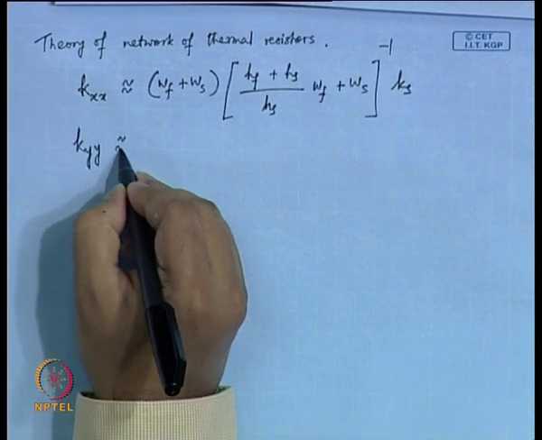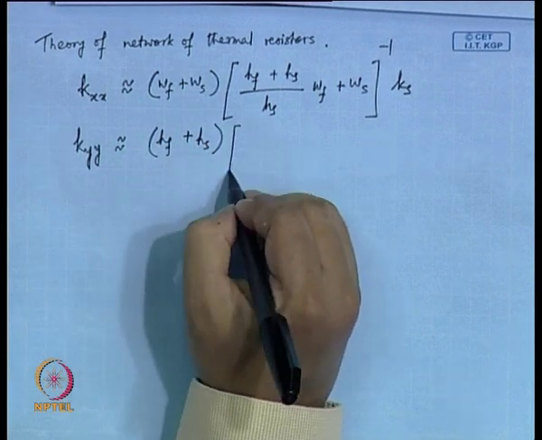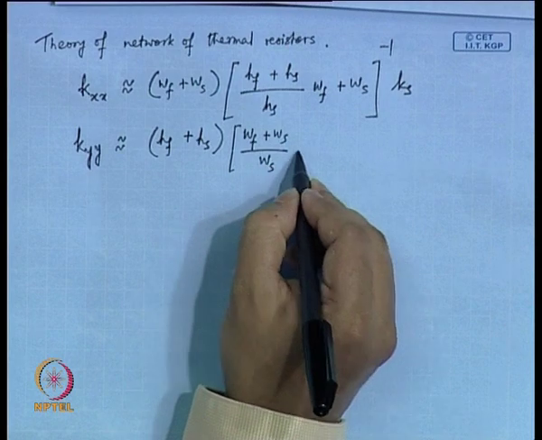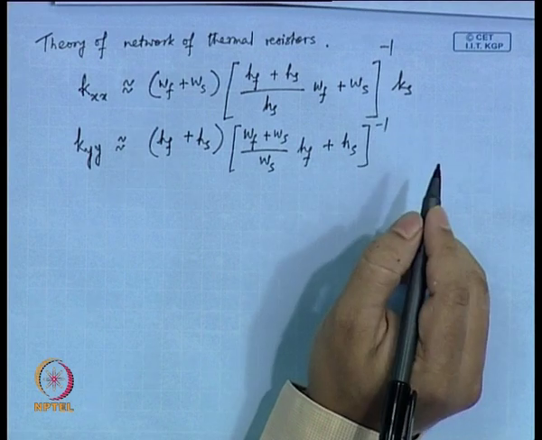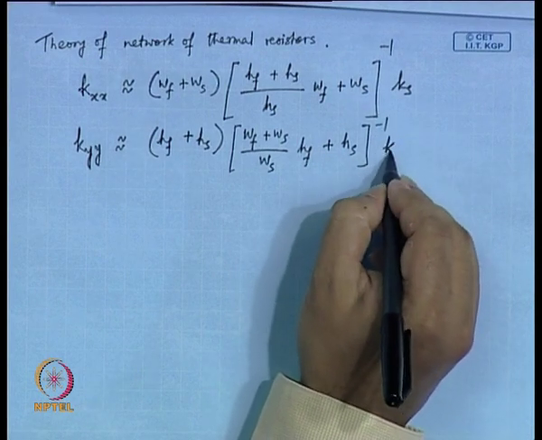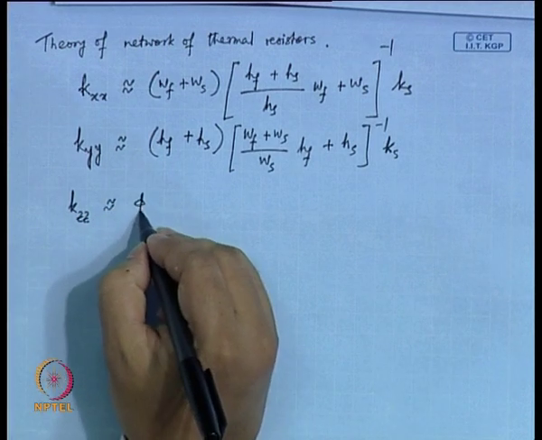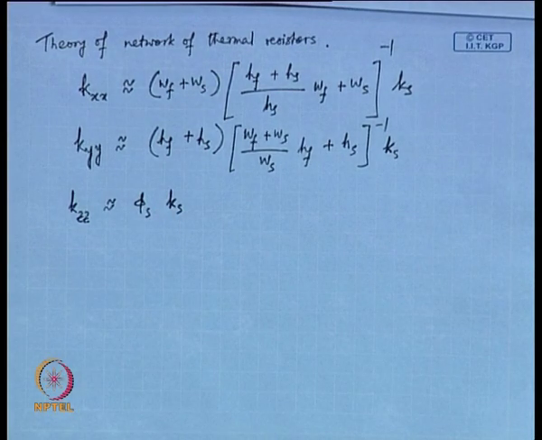Kyy is equal to Hf plus Hs into Wf plus Ws divided by Ws into Hf plus Hs, and Kzz is phi s into Ks. This follows from the theory of network of thermal resistors.